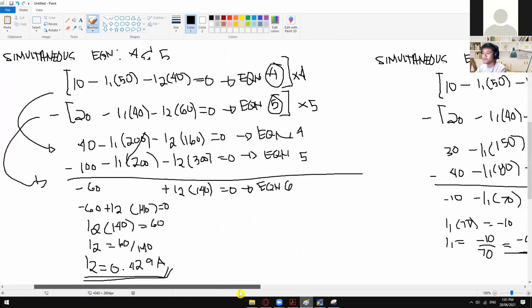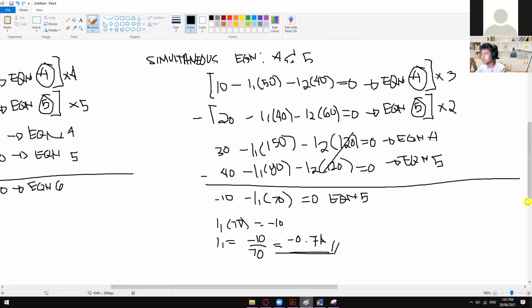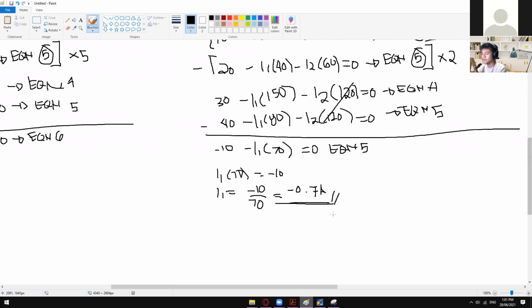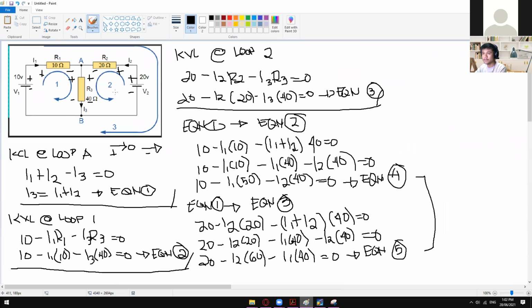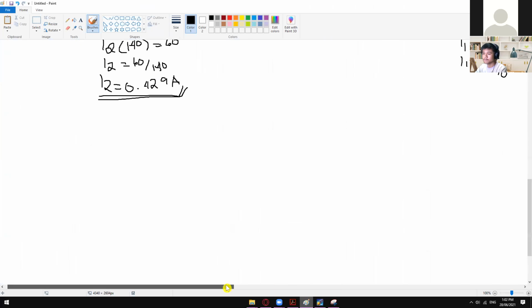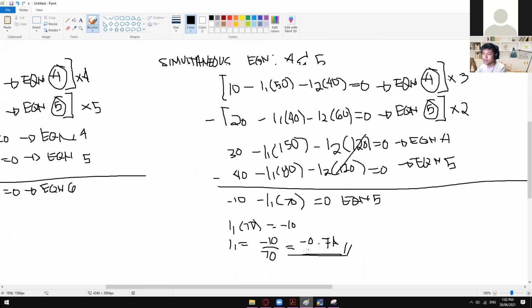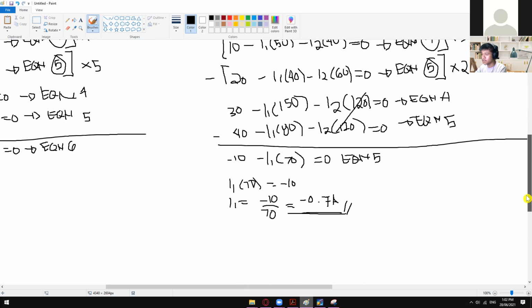So in here, if you've got a result of negative 0.7, then this one is still correct. Just make this one positive and then change your polarity from counterclockwise into clockwise. So no need to worry if you've got a negative value. It only means that you have an incorrect assumption of loopings.